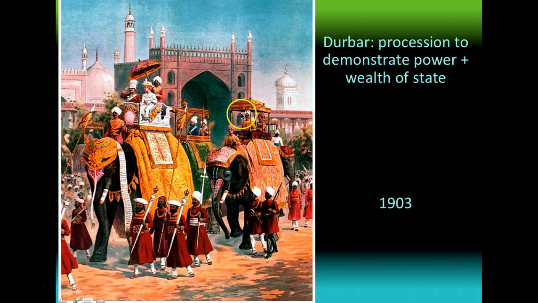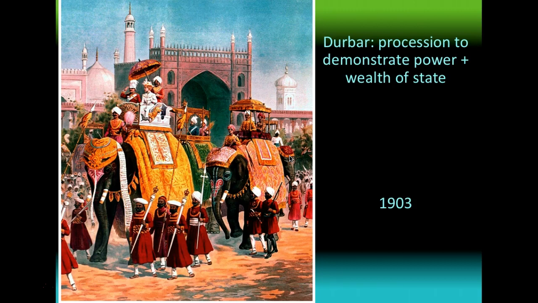And even though there is someone up here who is Indian who is sitting on an elephant, he's second in command or way down the line. There are a few elephants back here and they have Indian people in them. And those are likely a local Raj, a local prince or local princes who are higher ranking than the normal people in India, but again, the Europeans are the ones in lead.